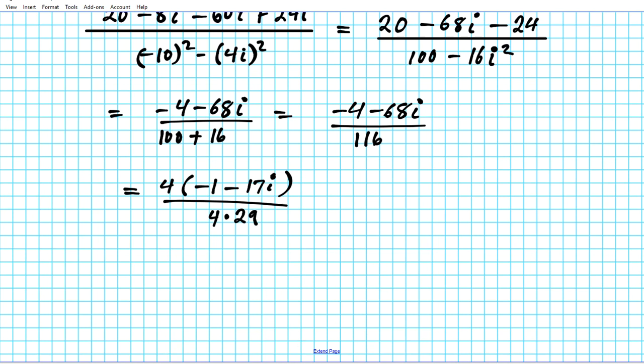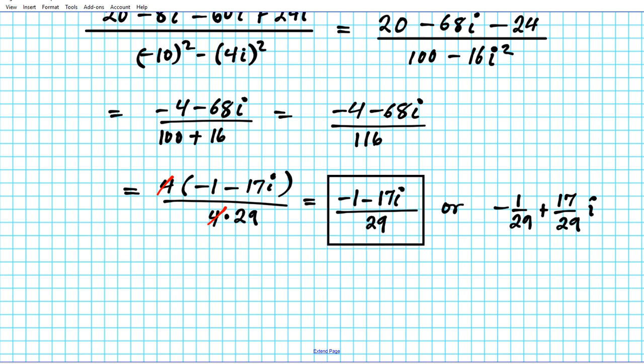Okay, so you can see the 4's are factors, so we can divide that out, and that gives us the first form of our answer, which is negative 1 minus 17i over 29. Or you can write it in standard form, negative 1 over 29 plus 17 over 29i. So these two forms suffice for the quotient of negative 2 plus 6i over negative 10 minus 4i.